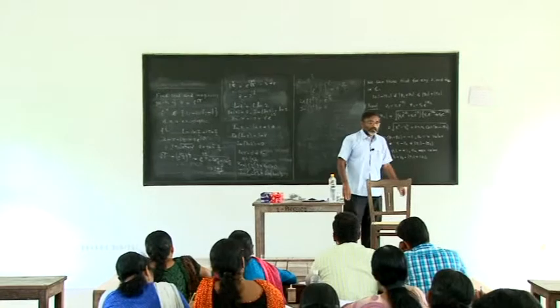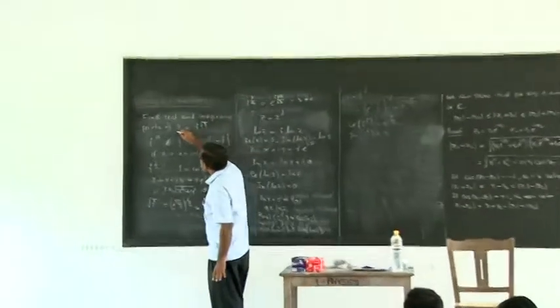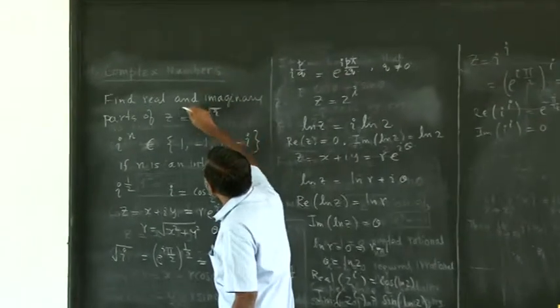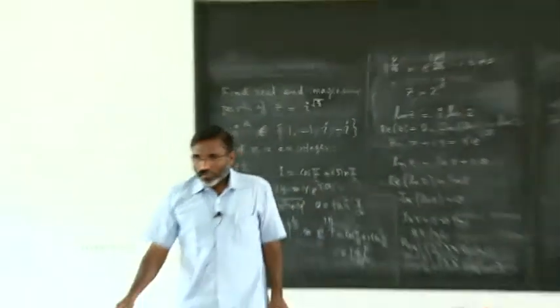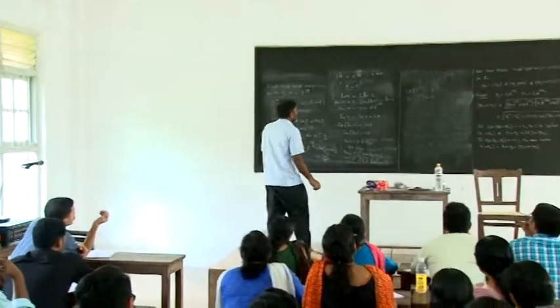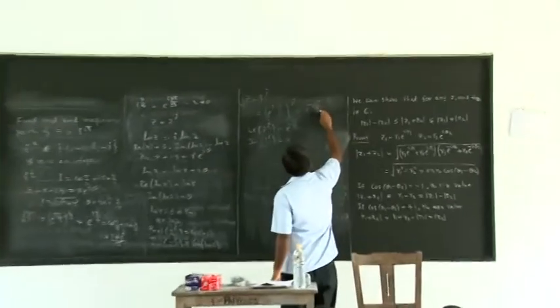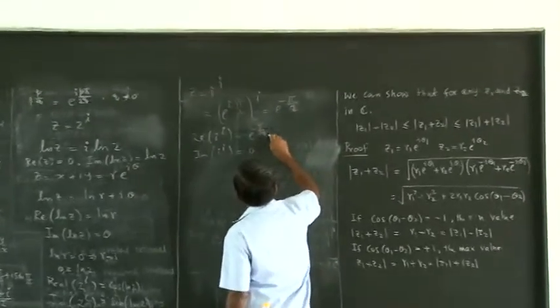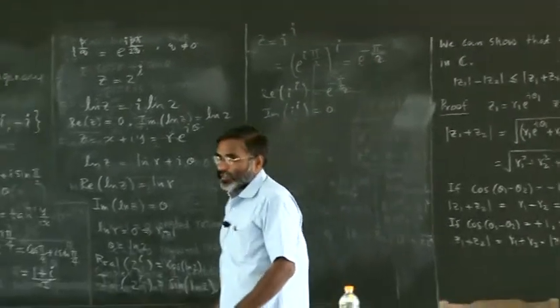What about the actual problem? We started with this problem. Shall I leave it? E to the power minus pi by 2. I into I is minus 1, so e to the power minus pi.